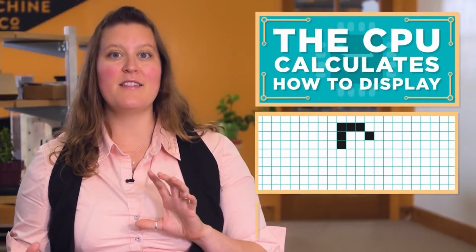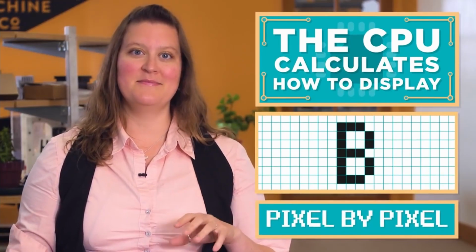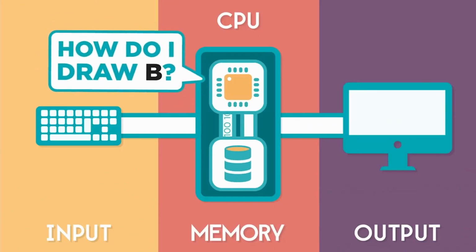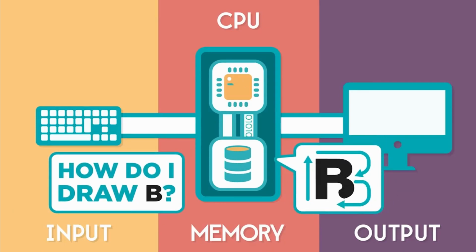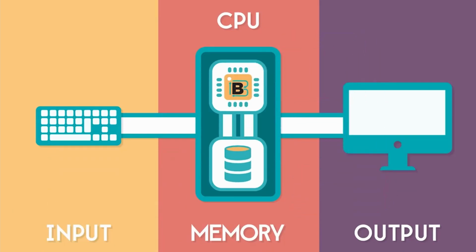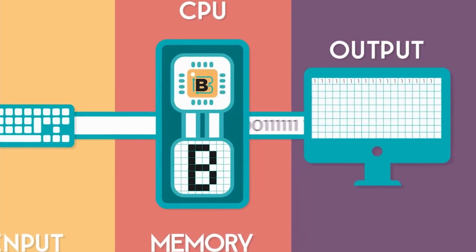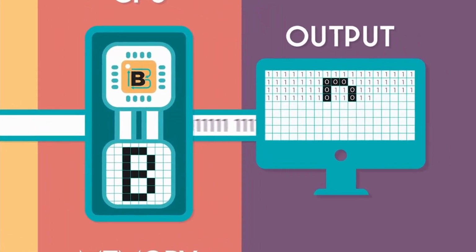Starting from this number, the CPU calculates how to display the letter B pixel by pixel. The CPU requests step-by-step instructions from memory which tell it how to draw the letter B. The CPU runs these instructions and stores the results as pixels in memory. Finally, this pixel information is sent in binary to the screen.